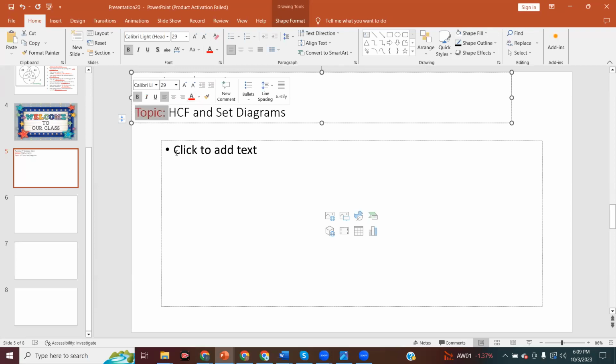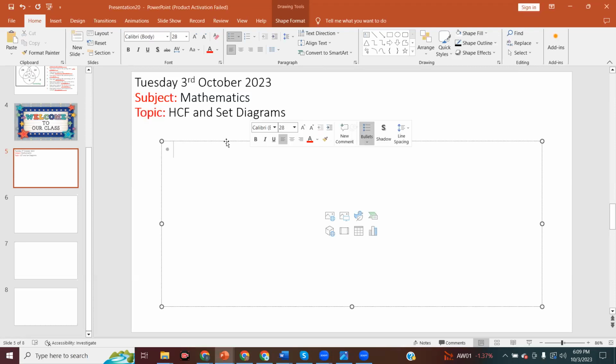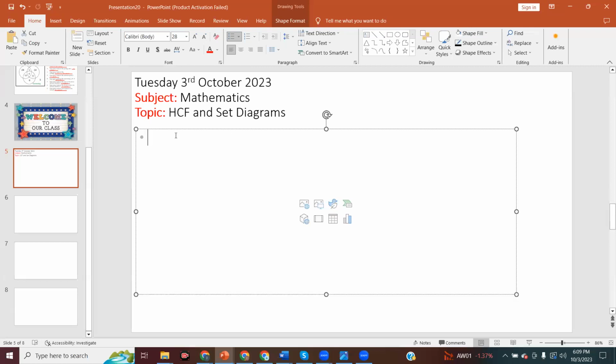Let's first start off with the definition of what we mean by a factor. Highest common factor, wait, let's first start off with what a factor is. What is the definition of a factor?